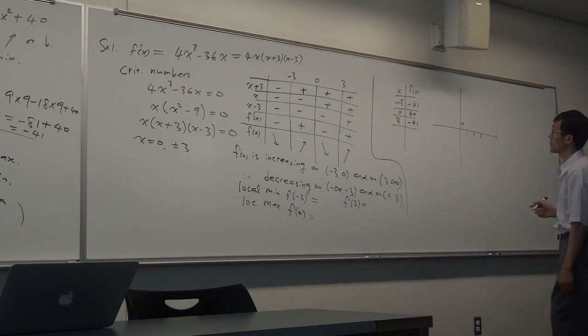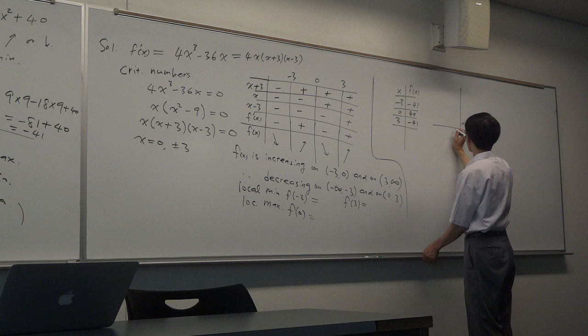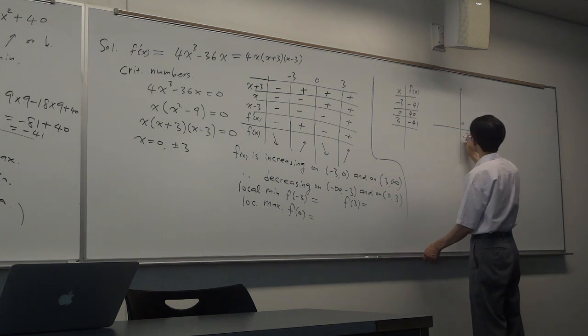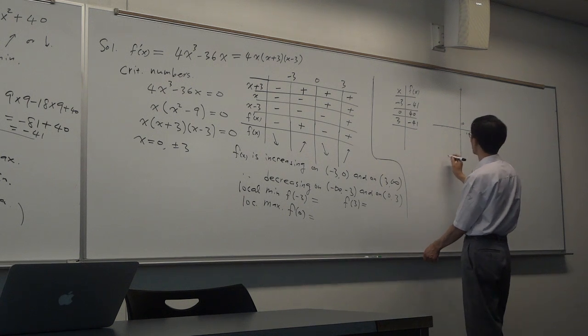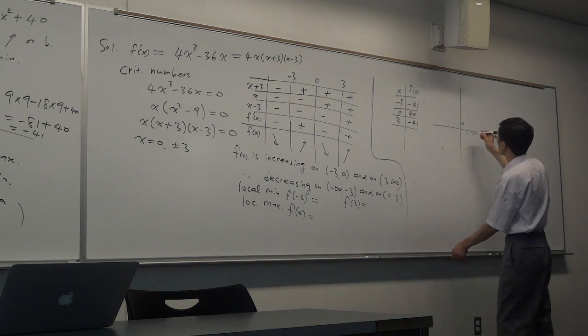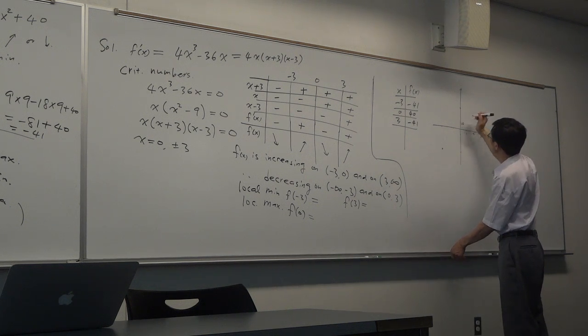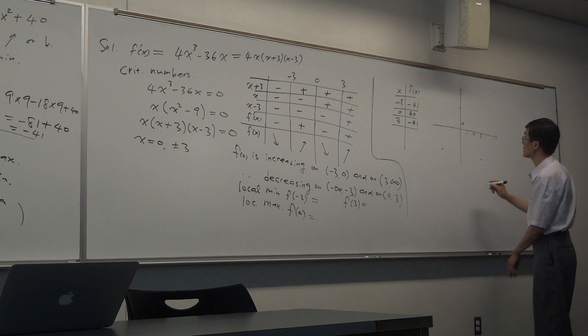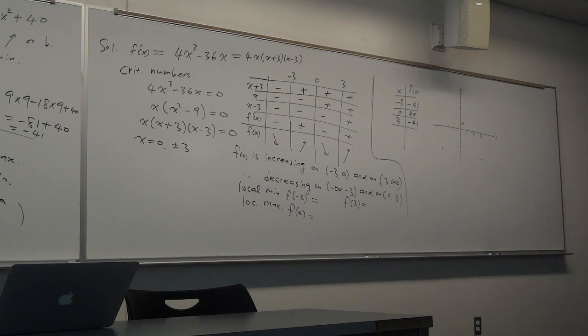All right. -3, -41, so that's roughly here. 0, 40 here. 3, -41 here. All right, so we got those 3 points. How are we going to connect them?